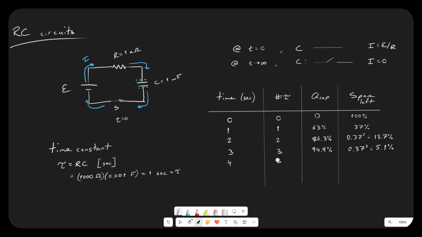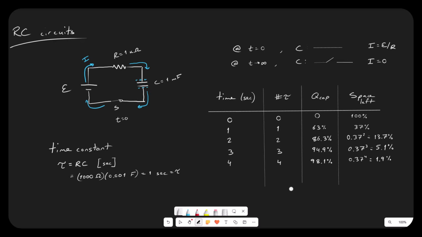If I go one more, I go 0.37 to the fourth, and that gives me 0.0187, so 1.9%, which means I am 98.1% full after 4 time constants.